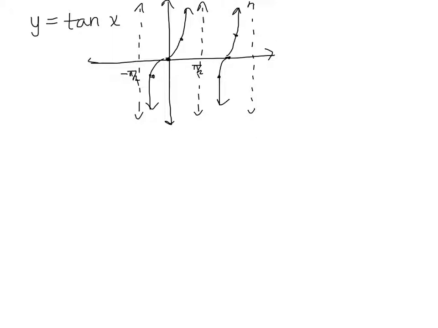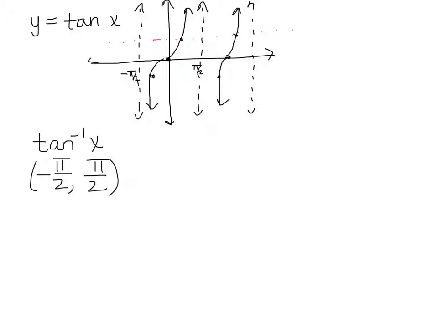Okay, this is a tangent graph, and we did our horizontal line test. You see, tangent wouldn't have an inverse either unless we restrict it. And so tangent inverse is restricted between negative pi over 2 and positive pi over 2, but not including.